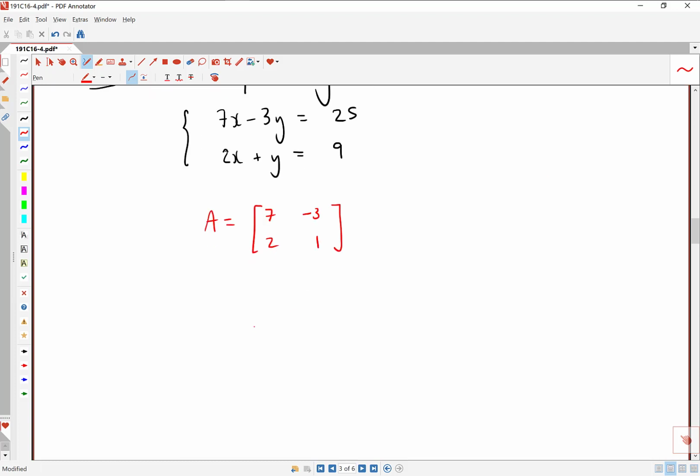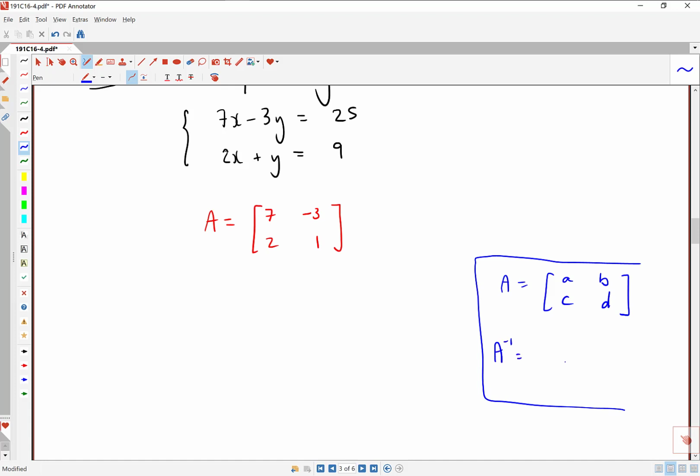Then we're going to find the inverse of that matrix. Let's recall on the side the formula for the inverse of a 2 by 2 matrix. If A looks like (a, b; c, d), then A inverse looks like this. We're going to go 1 over the determinant of A, being ad minus bc.